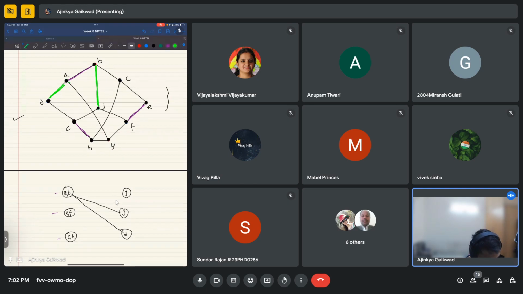There is an edge AG, so I need to add AG.